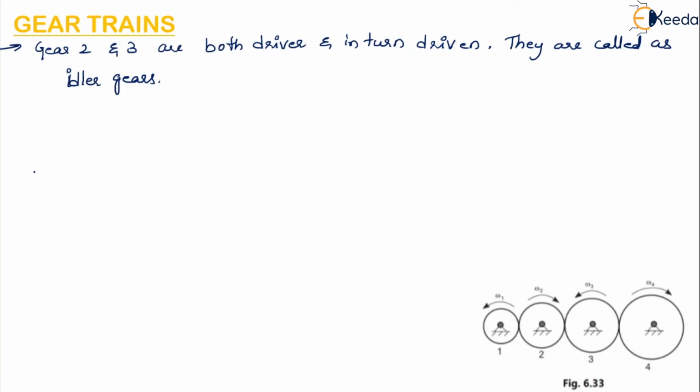Idler gears do not affect the magnitude of the input or output ratio, but they do change the direction of rotation.